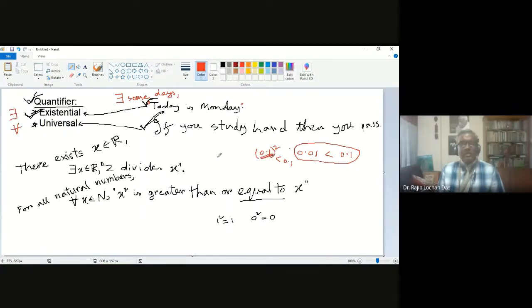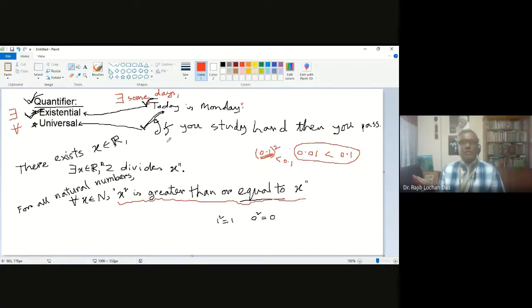Natural number means only whole numbers. So if N means the set of natural numbers, in that case you can write universal, because all natural numbers will be applicable for this sentence. If every number is applicable, then it is universal.